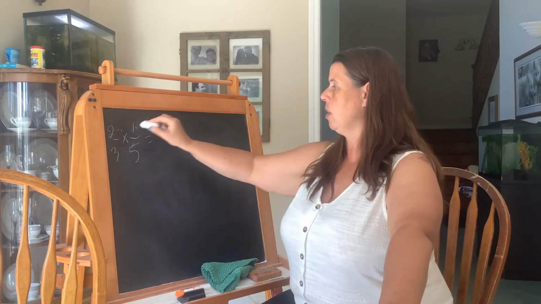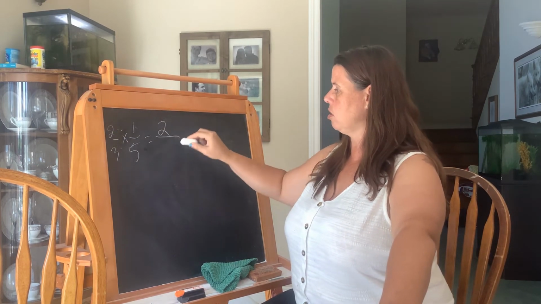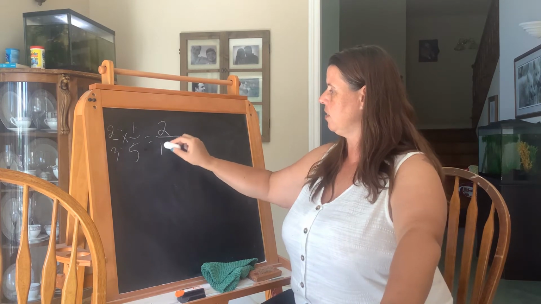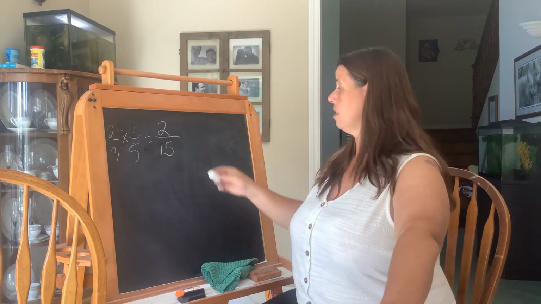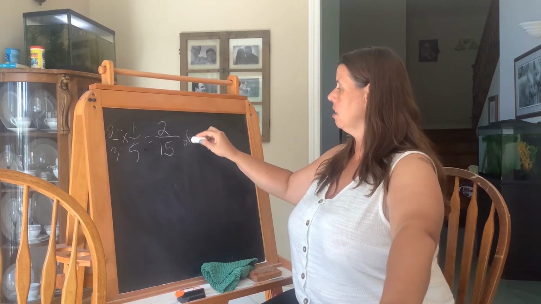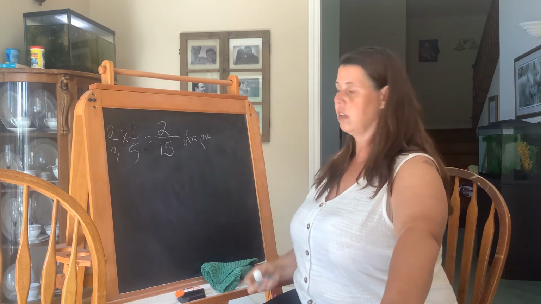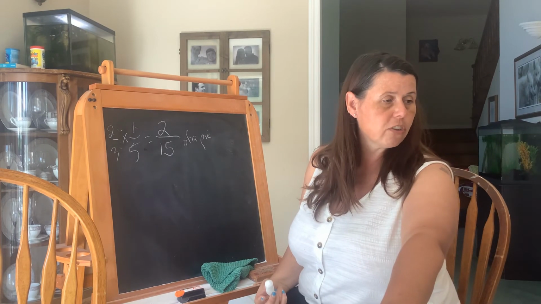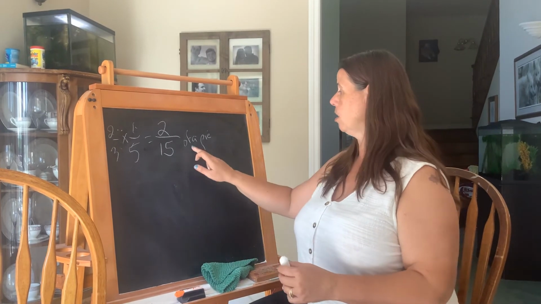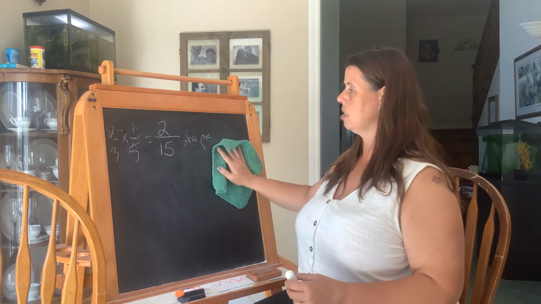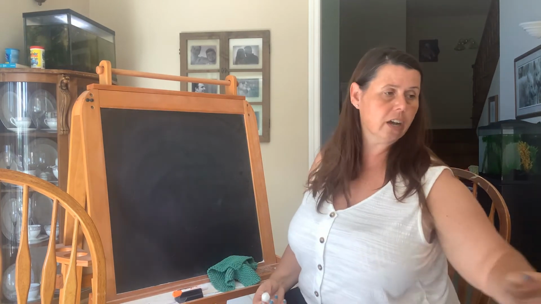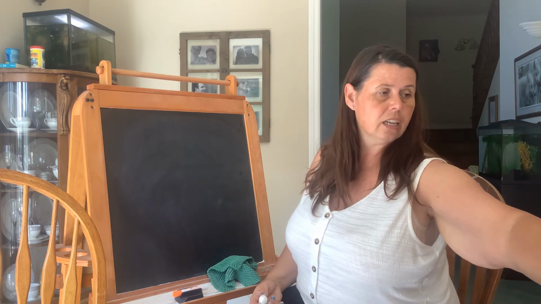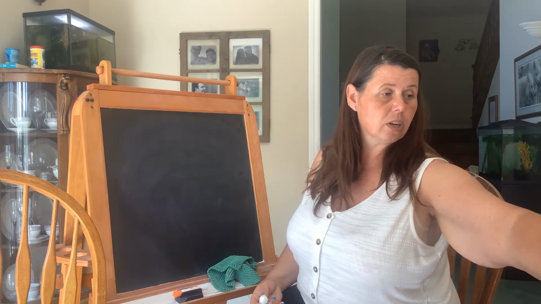Super easy, multiply across the top. 2 times 1 is 2, 3 times 5 is 15. So he got 2/15 of a pie. Okay, and this one, it actually said what fraction of a pie did Ron get, so that's what you should have for your unit. I was just thinking maybe you didn't have to have a unit, but it's better to have it than not, okay? And, oh, that was number 6, right?